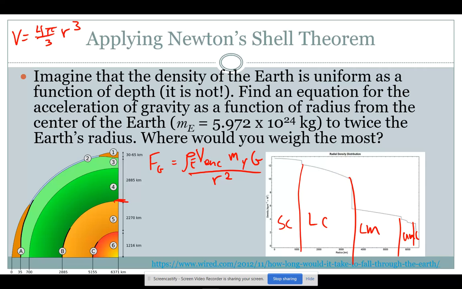The density of the Earth, if the Earth had a constant density, would be the mass of the Earth divided by 4/3 pi radius of the Earth cubed. Right? Taking the total mass divided by the total volume. And so I'm going to put those in here.